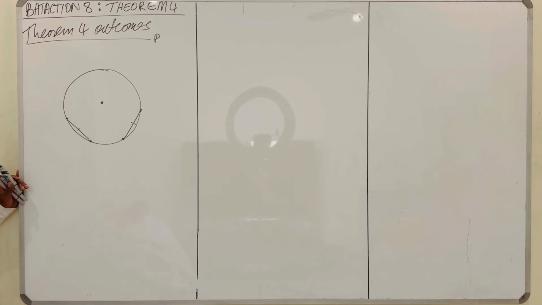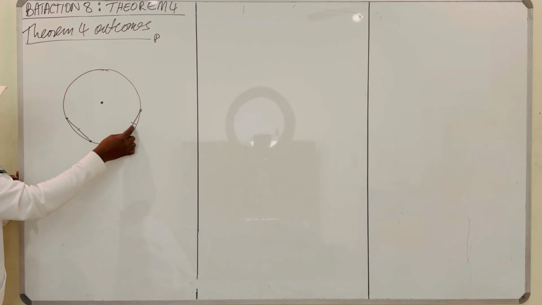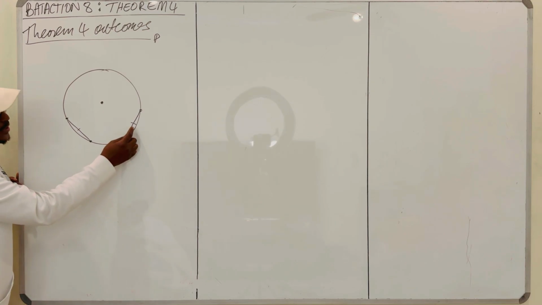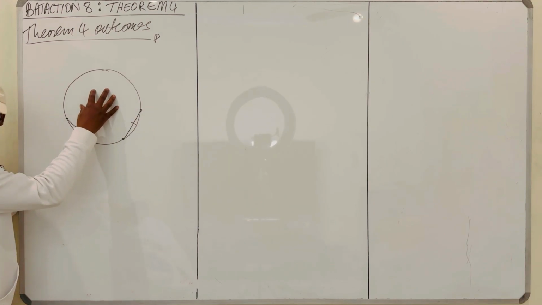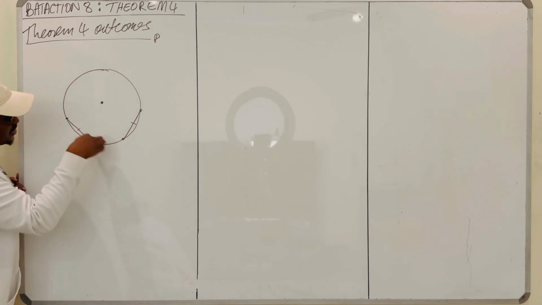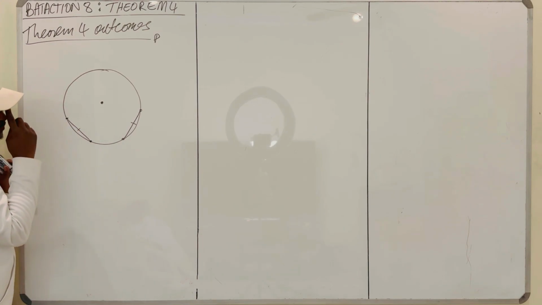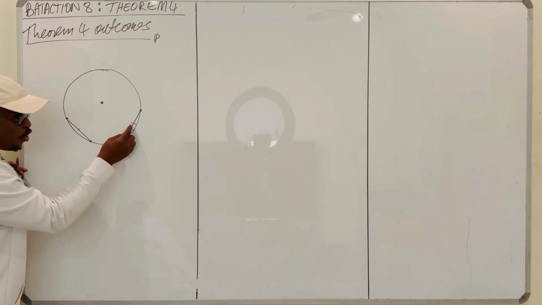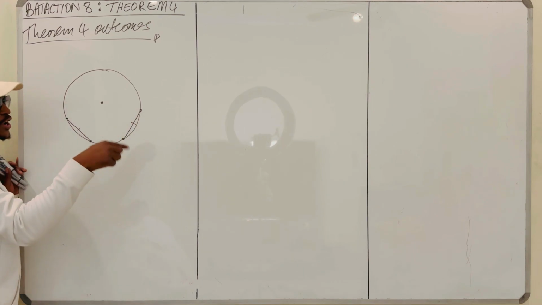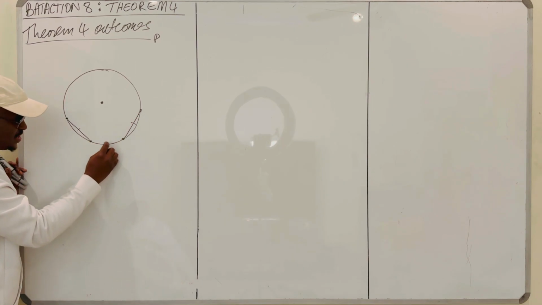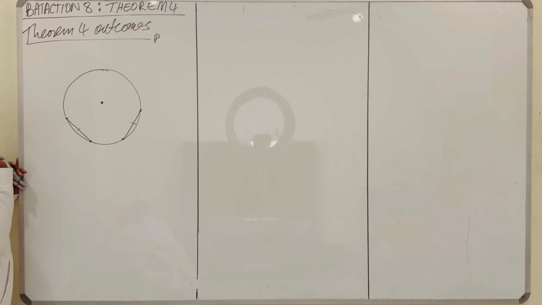Do you understand? Yes. The major segment of the chord is this area here, all of it, including the one that is occupied by this guy. So, the major segment of this chord is enclosed by the chord and the major arc here. Do you agree? Yes.